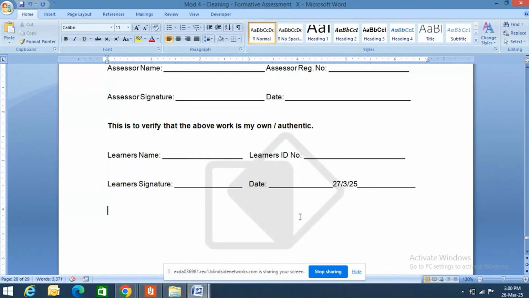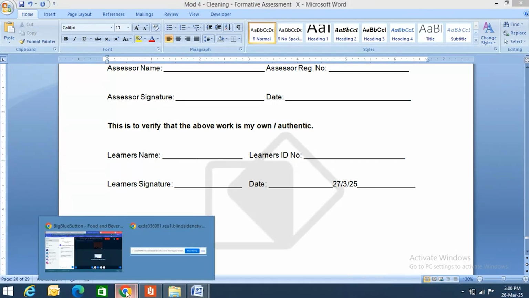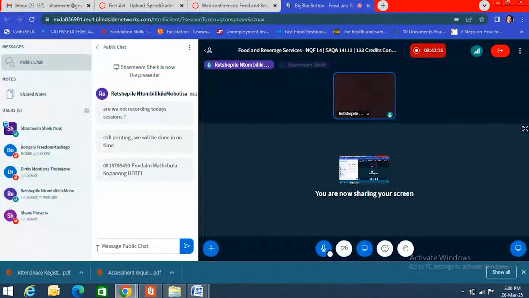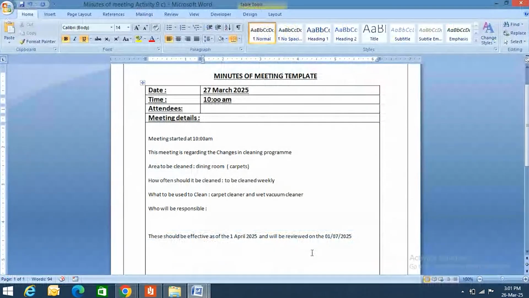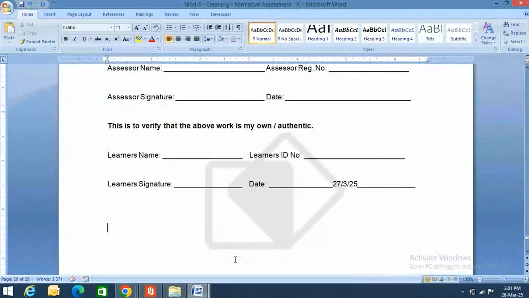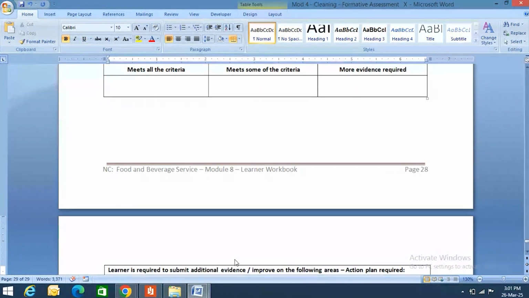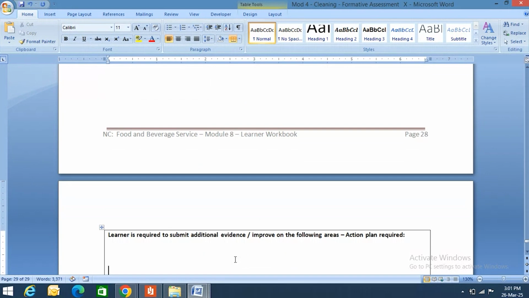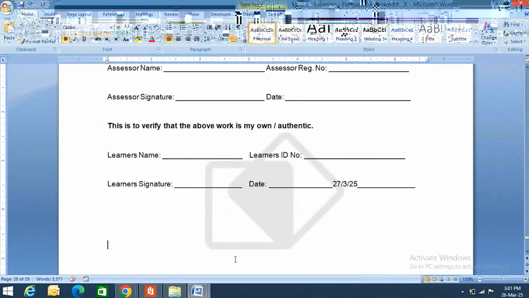Tell me when you're done with that. Done. Okay, let's move on. Oh, wrong place. Then here you're going to write in the bottom where it says learner's feedback again.